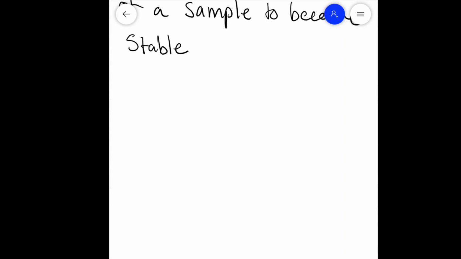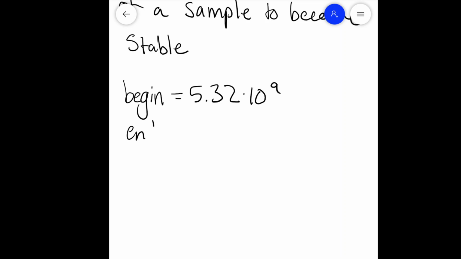So here's the first example. We did do this in class, but sometimes it's just good to hear it explained again. Say you begin with 5.32 times 10 to the 9th amount of a substance sample, and you end with 5.20 times 10 to the 6th.